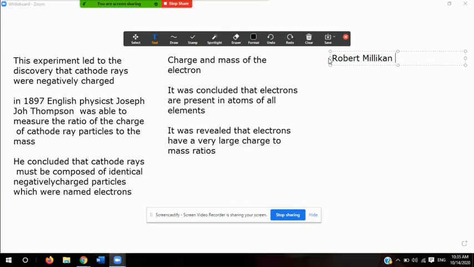Robert Millikan, in 1909, measured the charge of the electron.